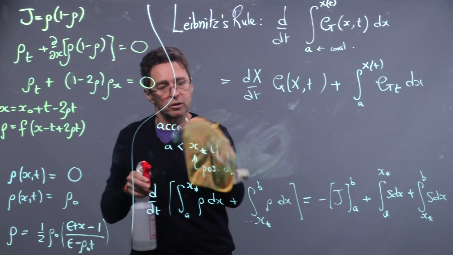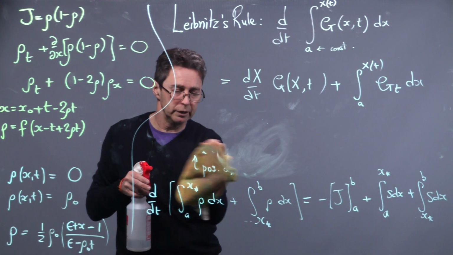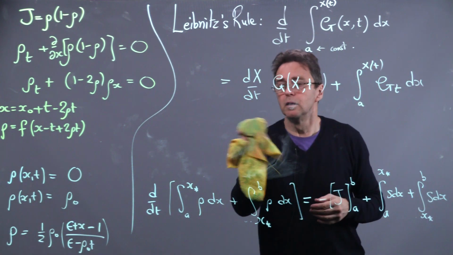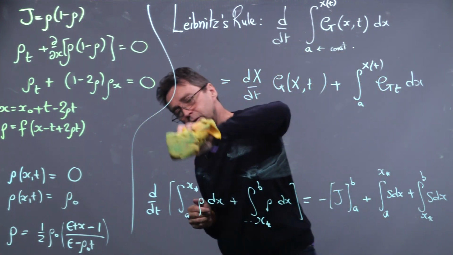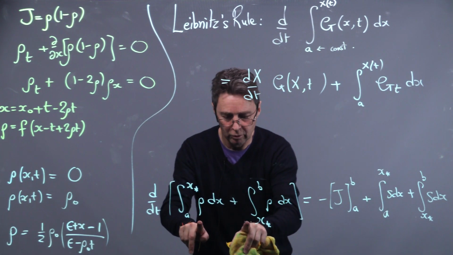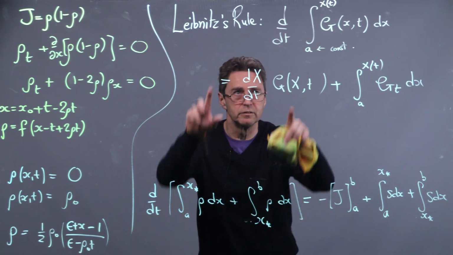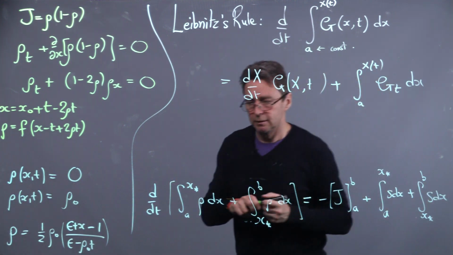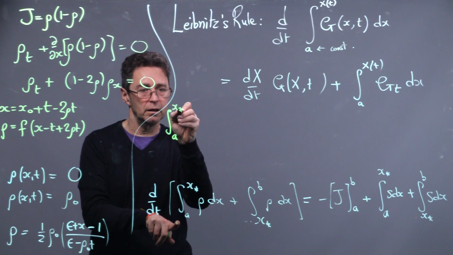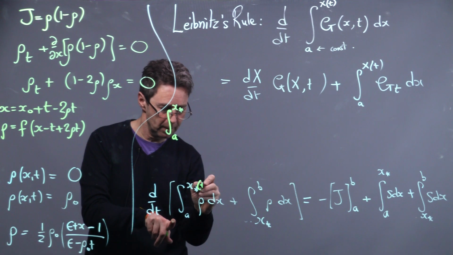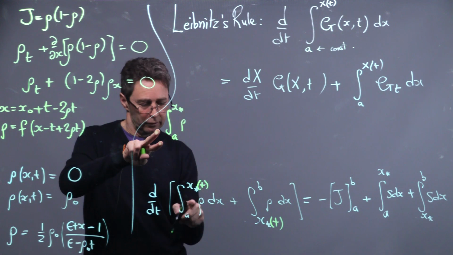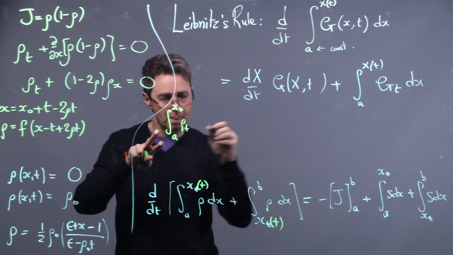Okay, so we can now reconsider our integral conservation law, bearing that in mind. I will just now do these two derivatives with Leibniz's rule. So I get the integral from a to x star. Remember this depends upon t in principle. And I can do the derivative of rho, so I get this term.